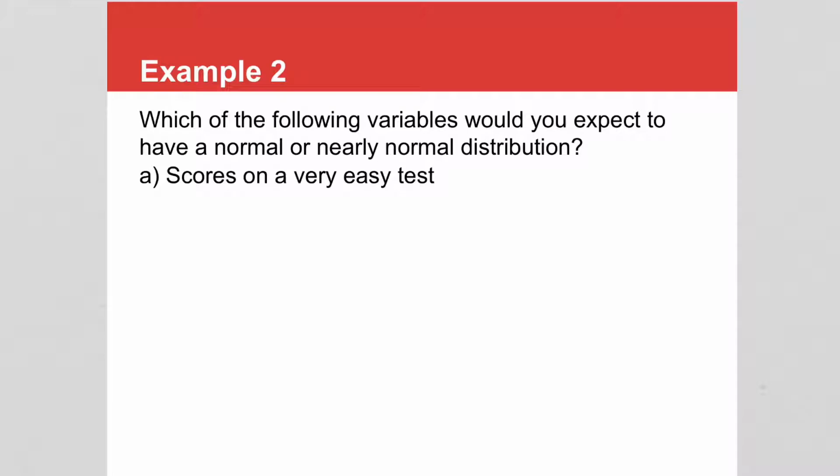Which of the following variables would you expect to have a normal or nearly normal distribution? Scores on a very easy test. If the test is easy, most scores will be good, right?